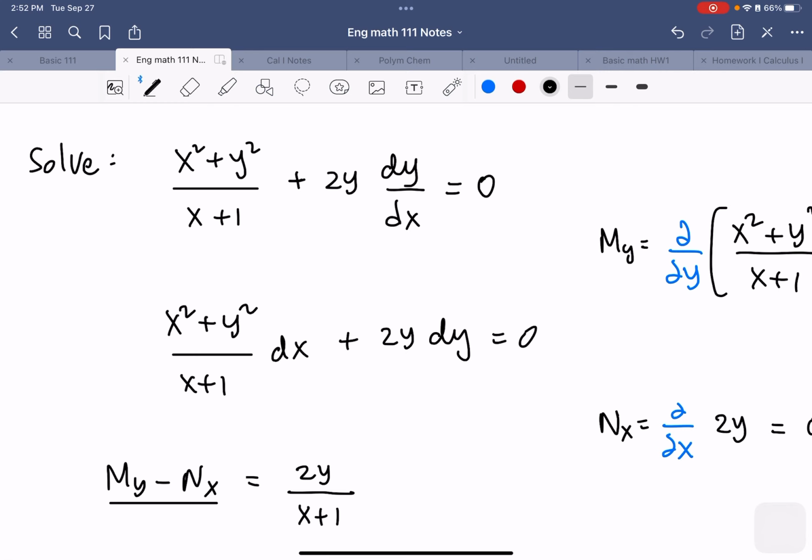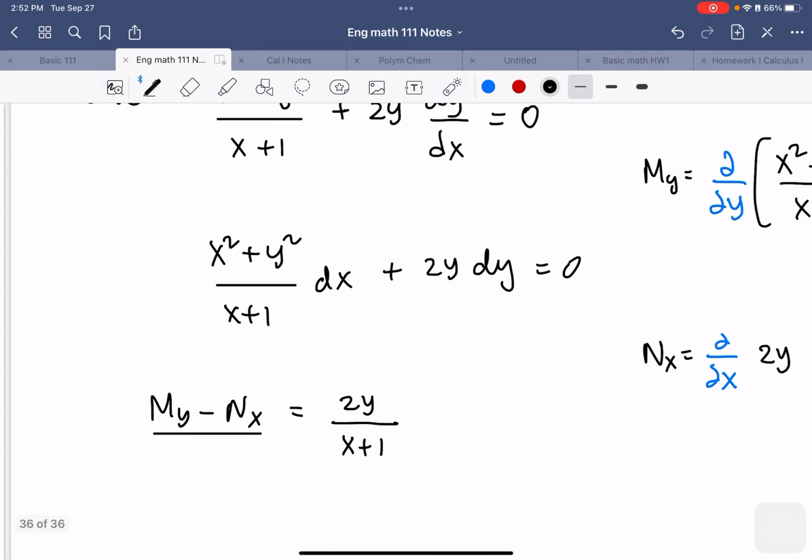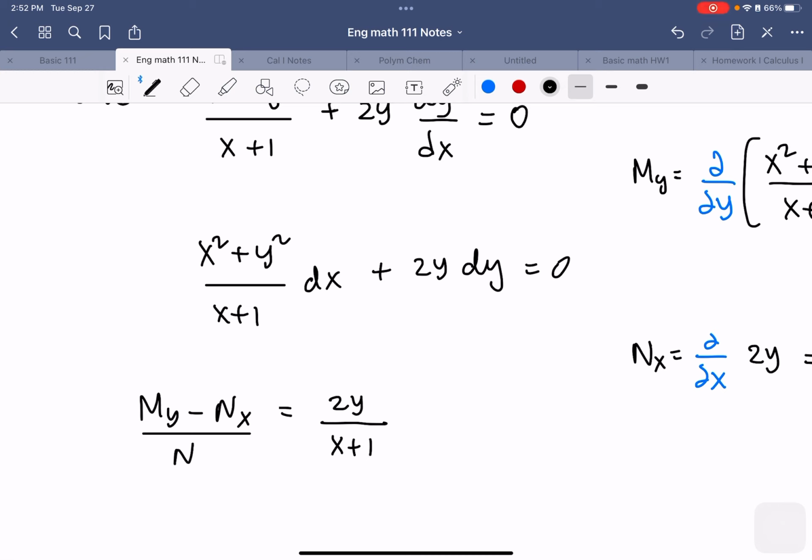So we need to make this into one variable only. So let's say we are going to use 2y, and I think if we use 2y, we are going to have this a function of x. Okay? So we are going to divide this with N. So we divide with 2y, which means that we are canceling this, and we have 1 over x plus 1. Which means we are going to have the integrating factor as a function of x.